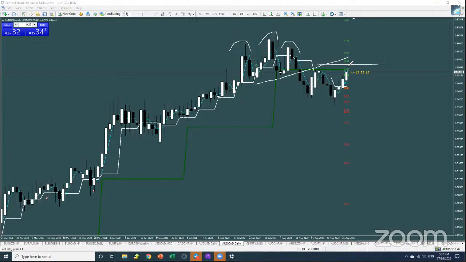Now, the move could be either way, don't get me wrong, but what we could see here is something like that, which would get the market interested. I'd rather see something like that, which would get me interested. But even so, when price does get to this level, I'll be on full alert because something's going to happen here.